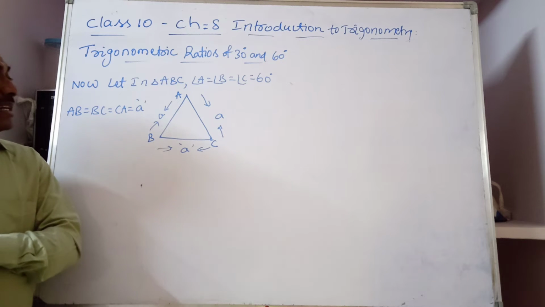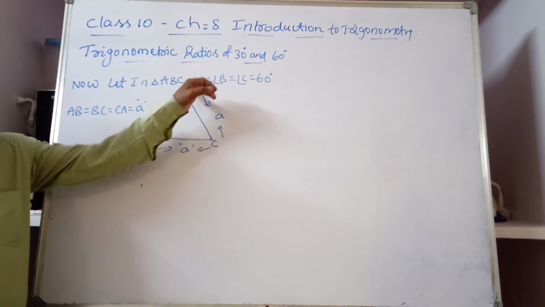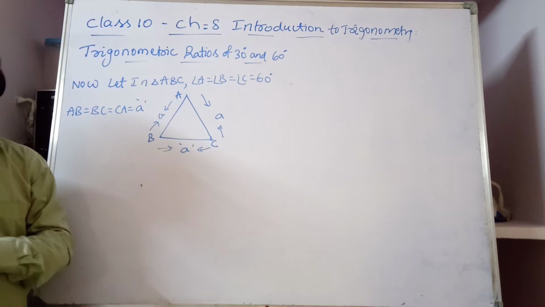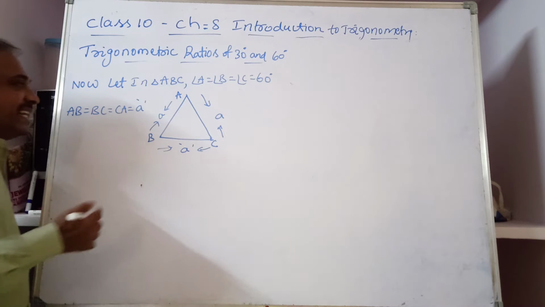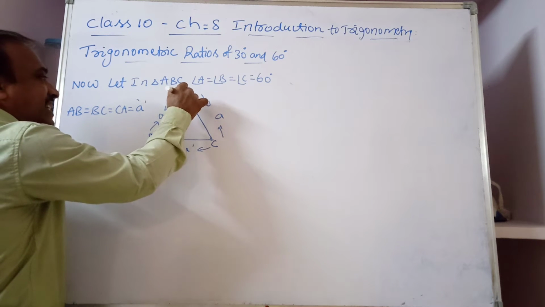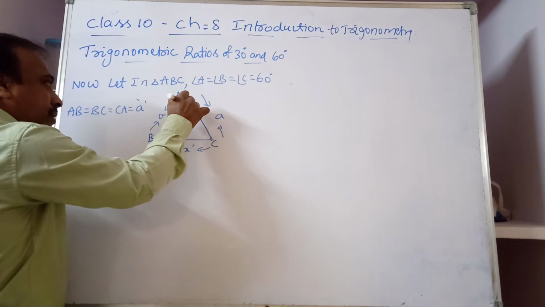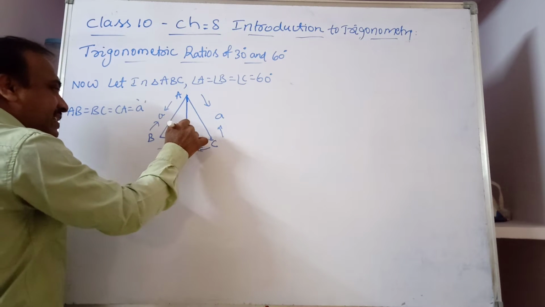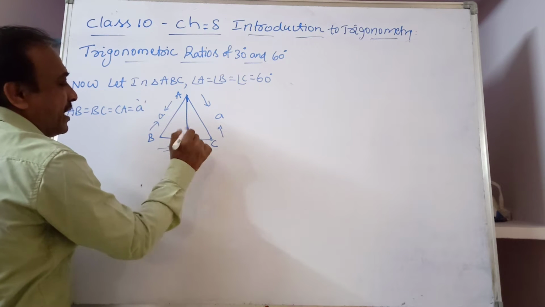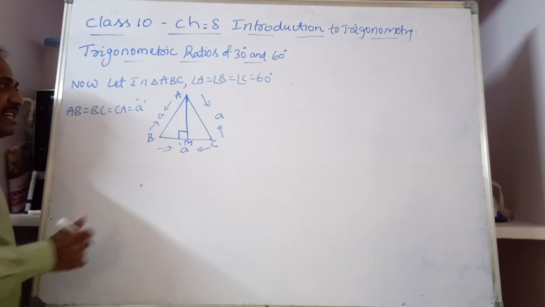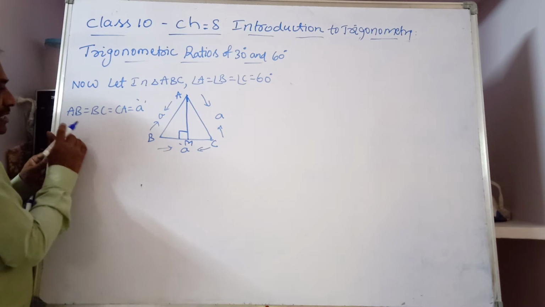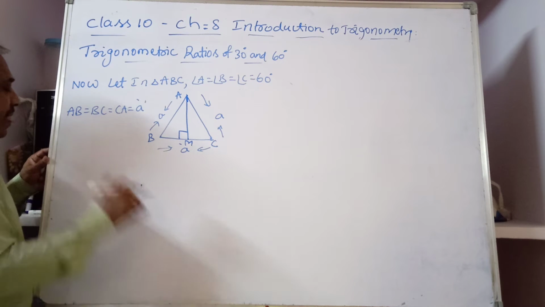But in this triangle ABC, the median and altitude are both the same, and it is also an angle bisector, which makes 90 degrees with the base. Let me take this point as M. AM is perpendicular to BC.